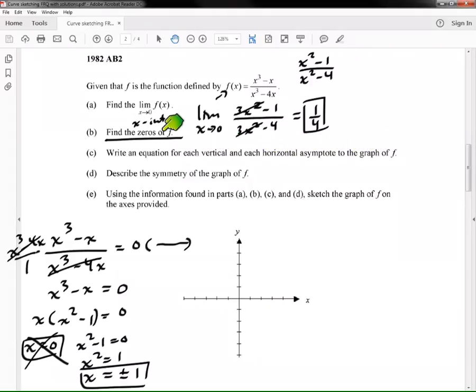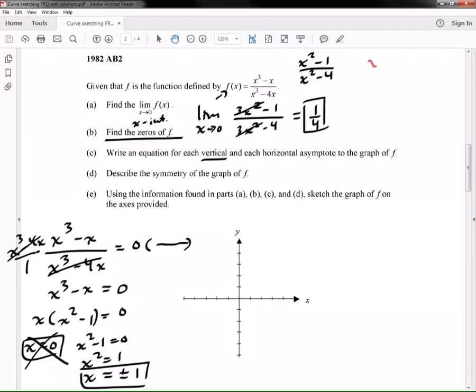Now, if you found the zeros and you got this, hopefully after you do this question, you would see that 0 can't be an x-intercept. Because what you would do to find the vertical and horizontal asymptotes would be, first, to find the vertical, you would set the denominator equal to 0.